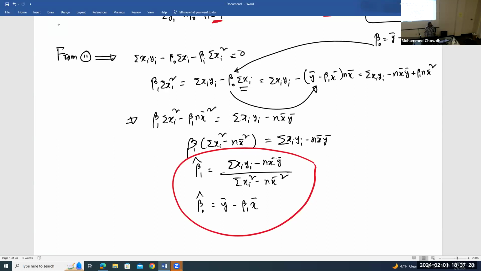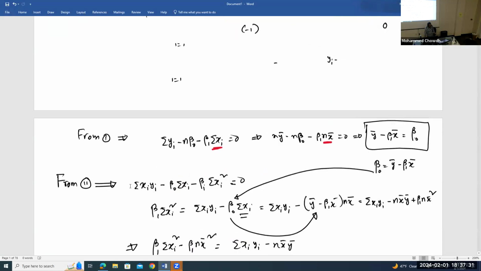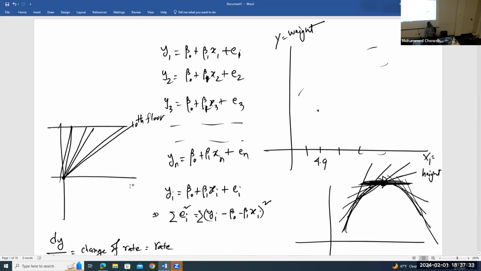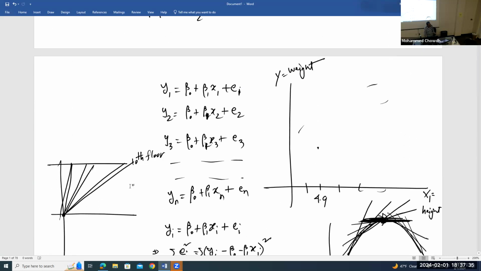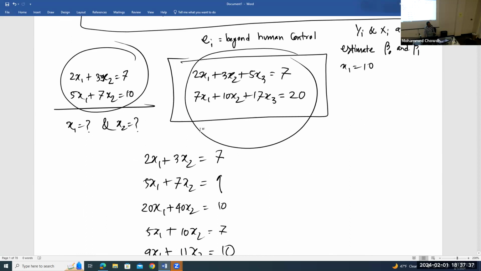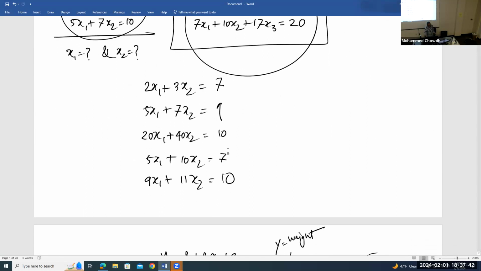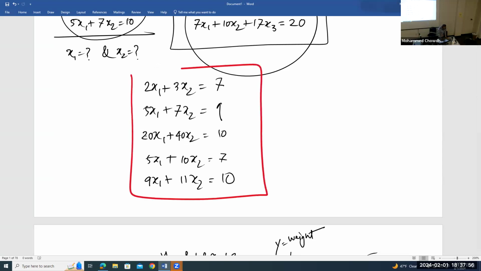Okay. Take a look. My purpose: how did I formulate the question to you so that you can understand? I said a certain kind of system of linear equations and asked you a question. You appropriately answered the question. Then I asked you challenging questions. I want to solve for x1 and x2 by using all of this information. These 5 equations I want to use in order to find the values of x1 and x2, right?